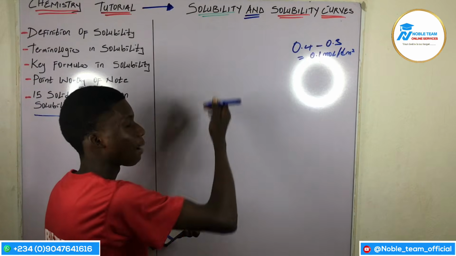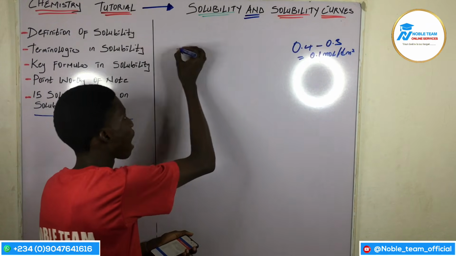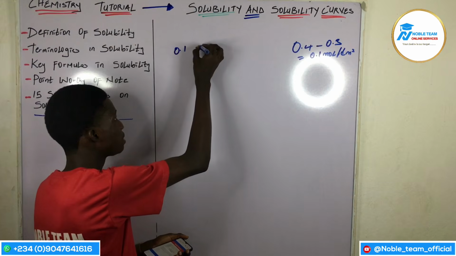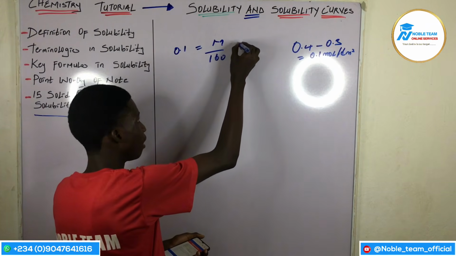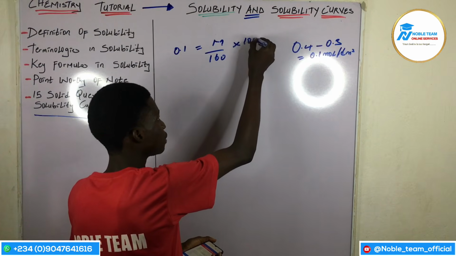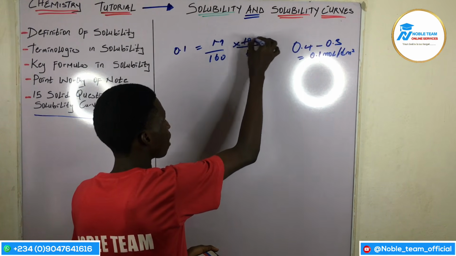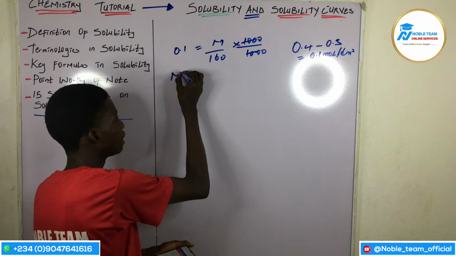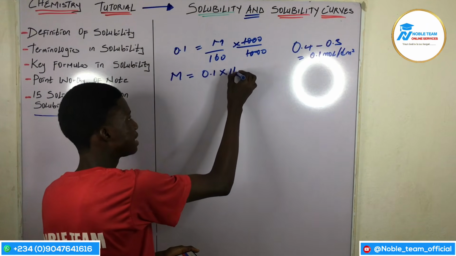Now you come and put it in the main formula. Which one is the main formula? Where we have 0.1 is equal to m over 160 multiplied by 1000 divided by 1000. This will cancel out this, and we have m is now equal to 0.1 multiplied by 160.